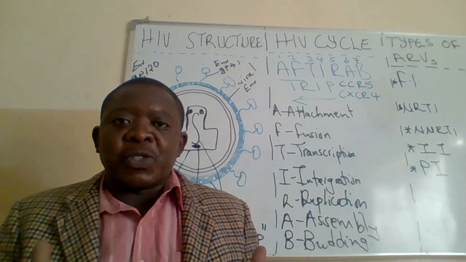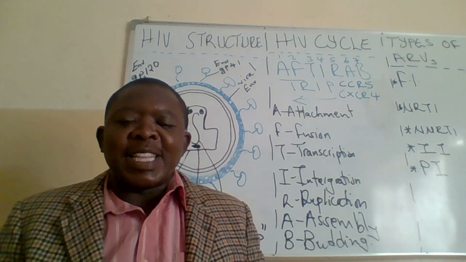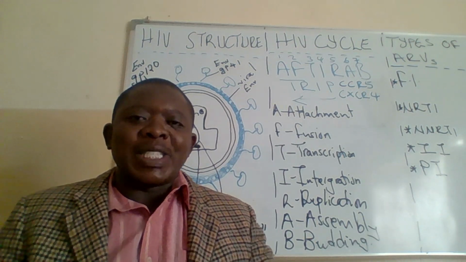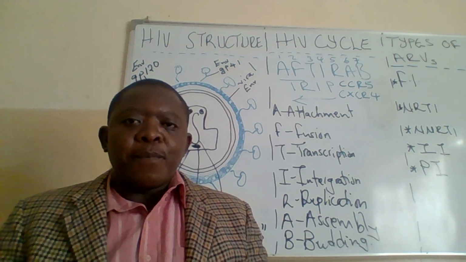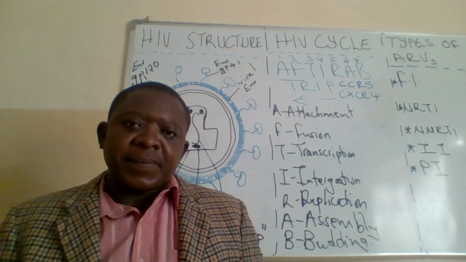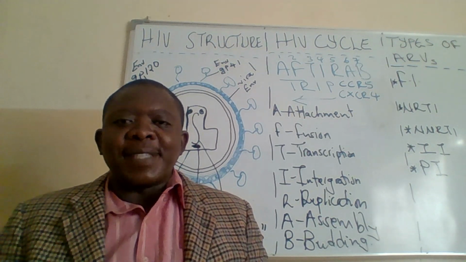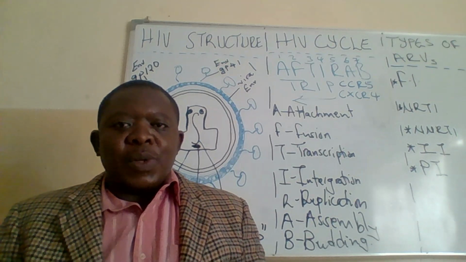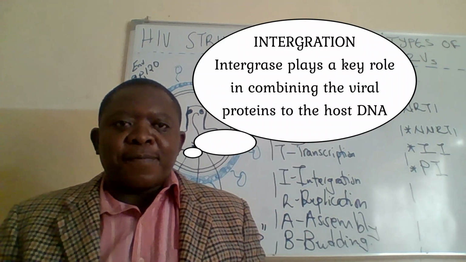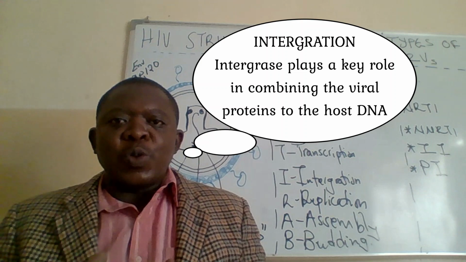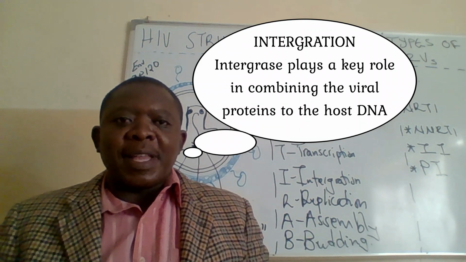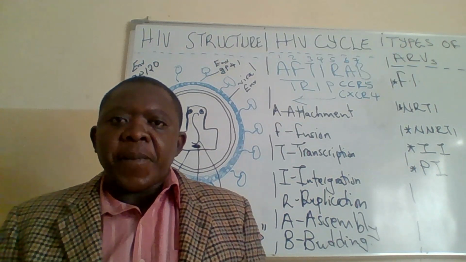The transcripts here are the nucleotides and nucleosides needed for buildup of the new DNA. Then we have integration. We have this new viral material that needs to be integrated into the host DNA.